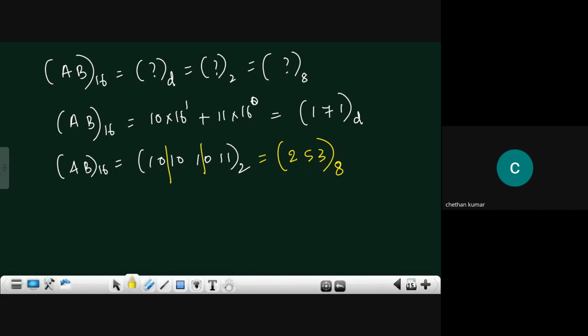You don't understand? Can I give some questions now? Now we understood any number to any number conversion. Correct? Conversion we understood. So now let me give some typical questions to answer.